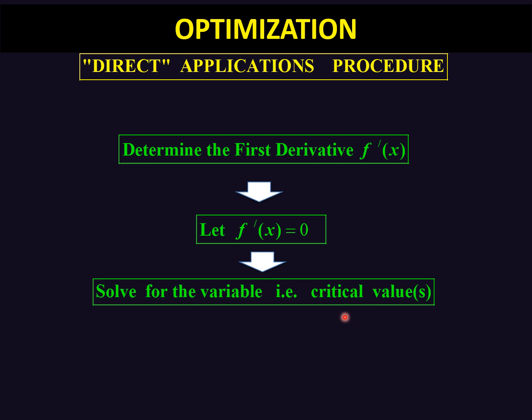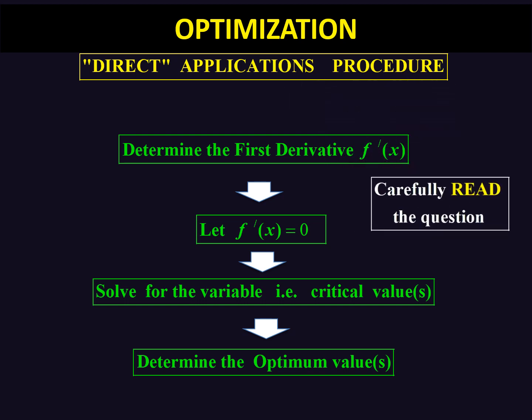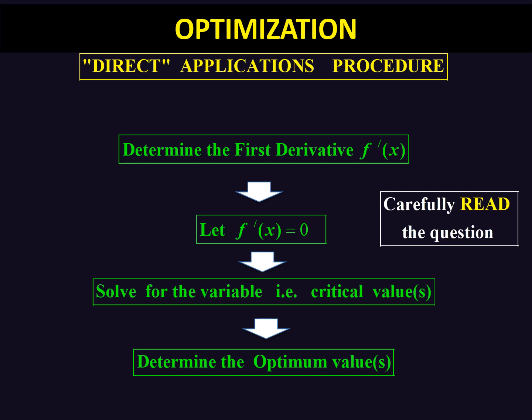And the value or values that we obtain are known as the critical values. Then, once we obtain the critical values, we can determine the optimum value. And as before, what do I always emphasize with you? Always read your question carefully, right, to see whether you are actually answering the question or not.